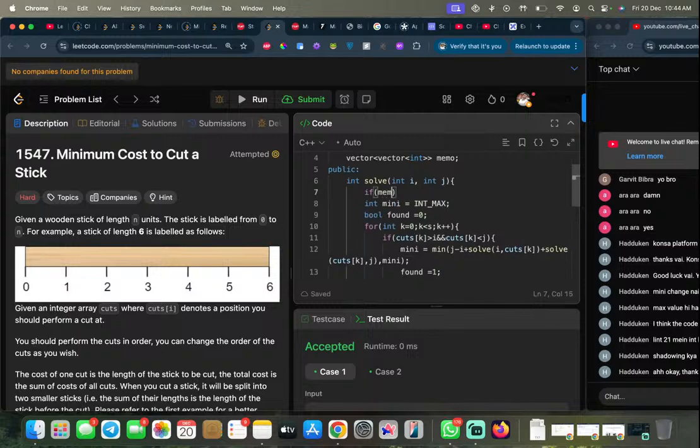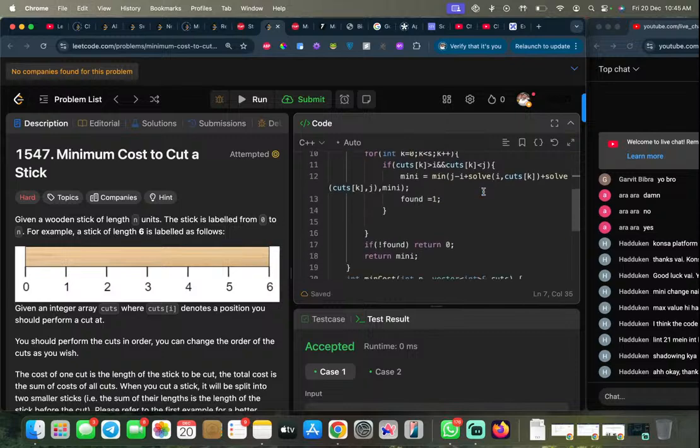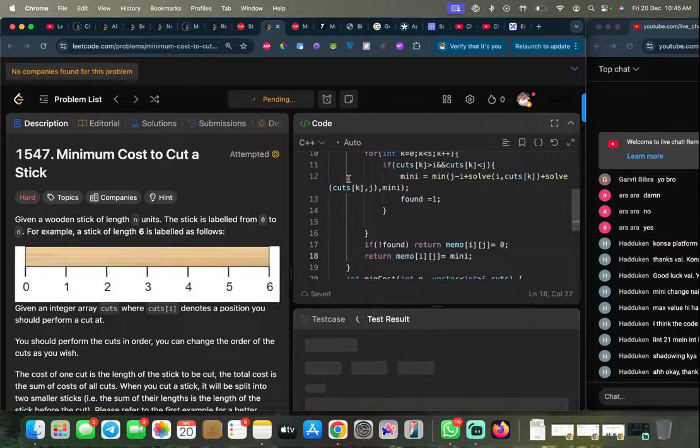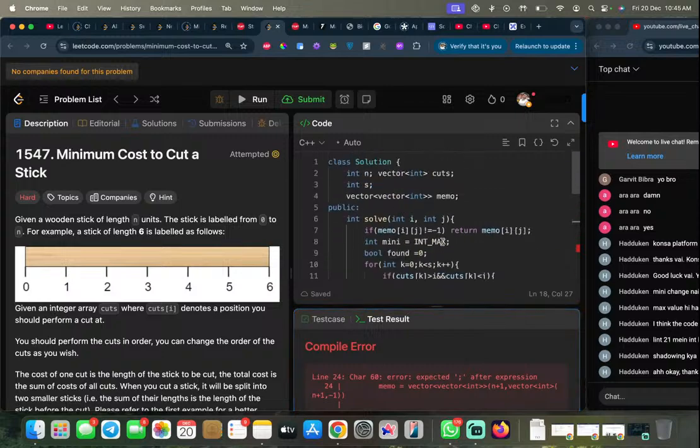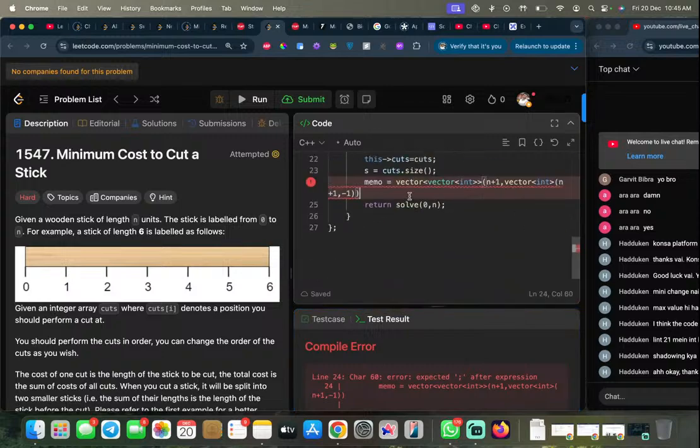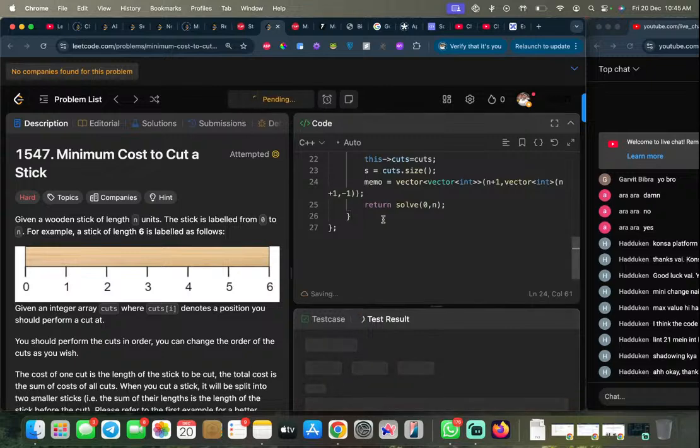If memo of i j not is equals to minus 1, return memo of i j. memo of i j equals to 0. Should submit.